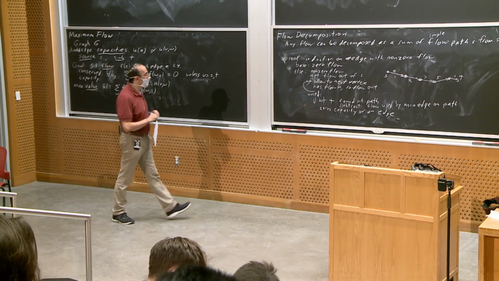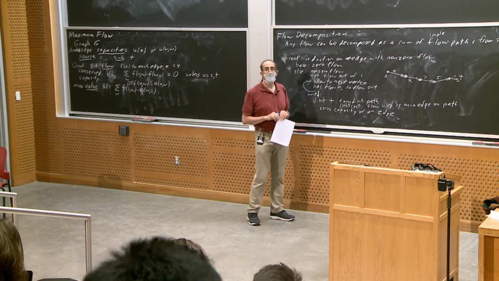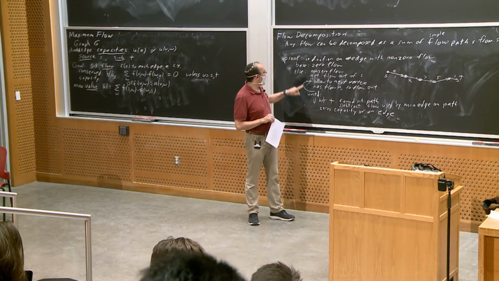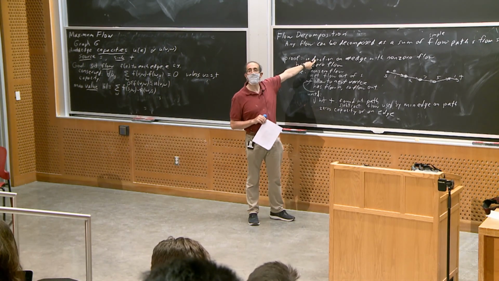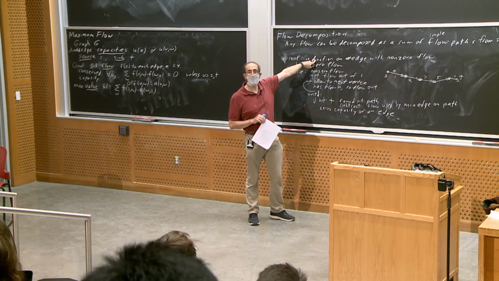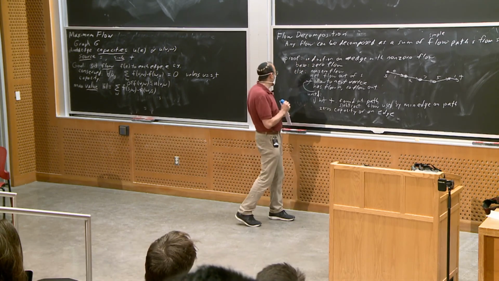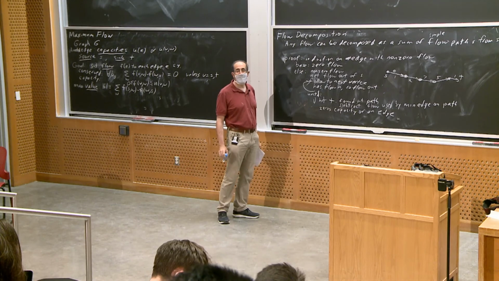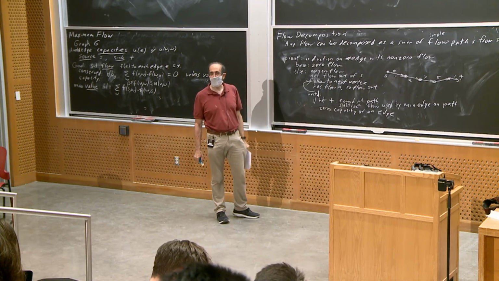Exactly. It decreases the number of edges with flow by 1. And that's going to be good for our induction. OK, so that's the good case. We found a path from S to T.